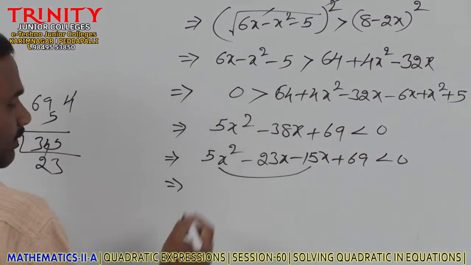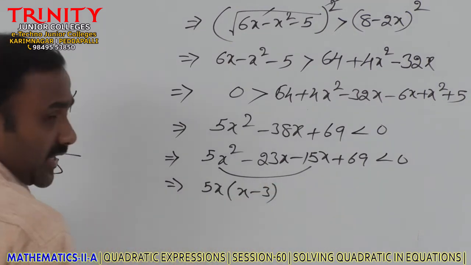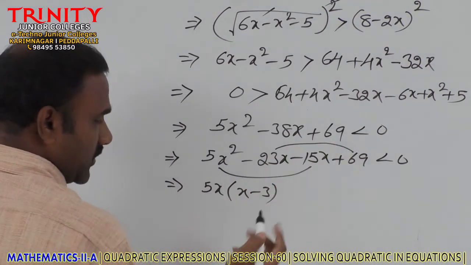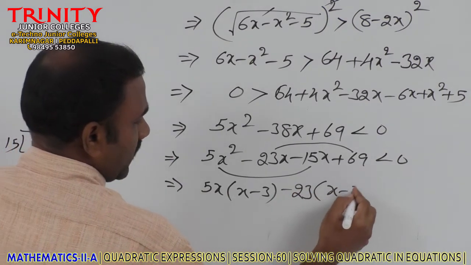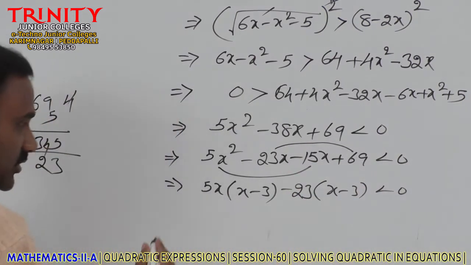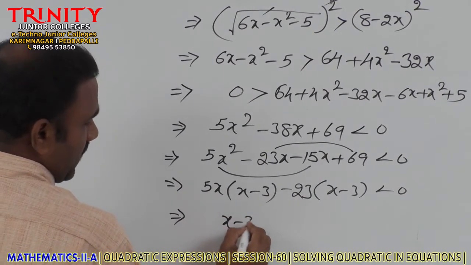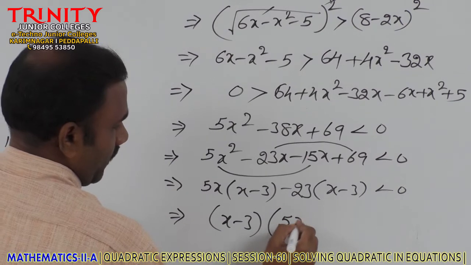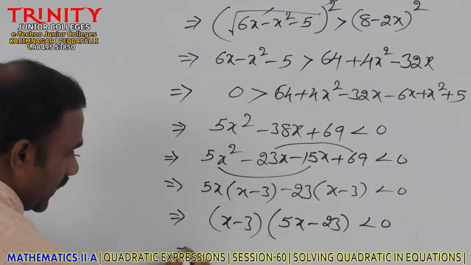From these two, 5x as common: x minus 3. From these two, minus 23 as common: x minus 3 less than 0. Therefore, x minus 3 into 5x minus 23 is less than 0.